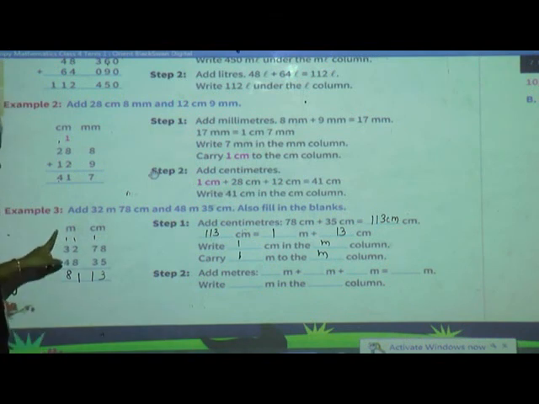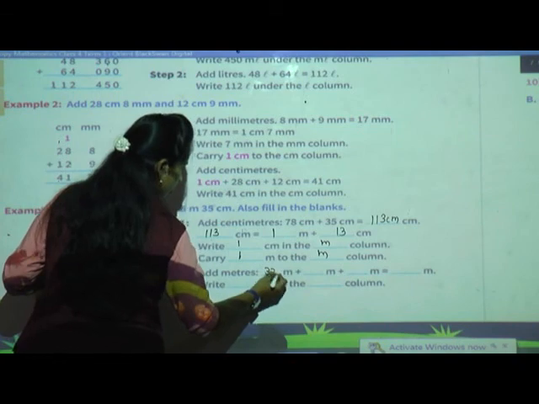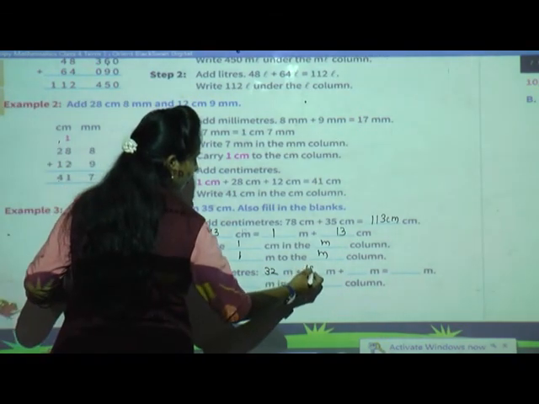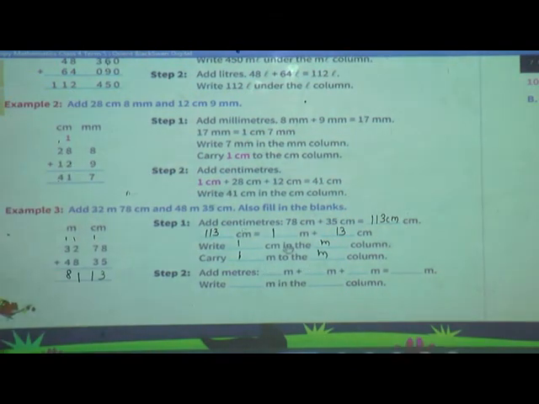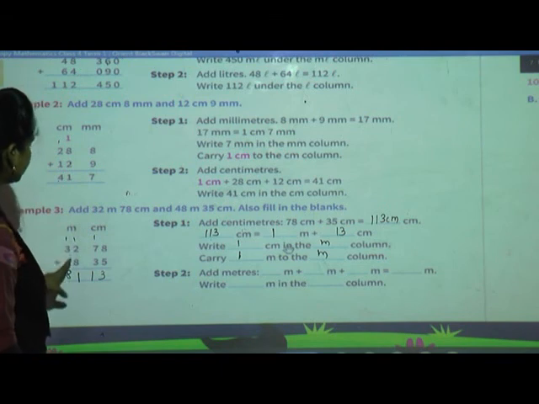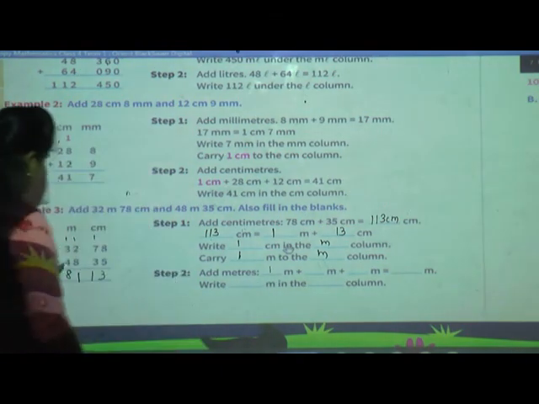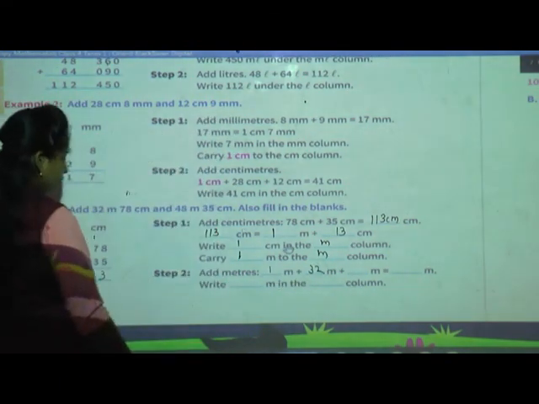How many meters are there? 32, and the next is 48. Add meters: first is 1 meter, the second is 32 meter, and the next is 48 meters.